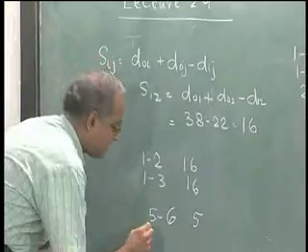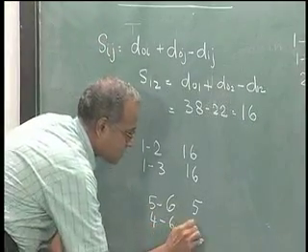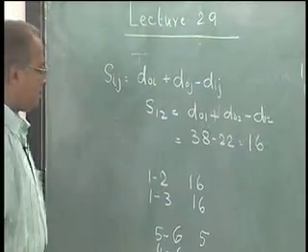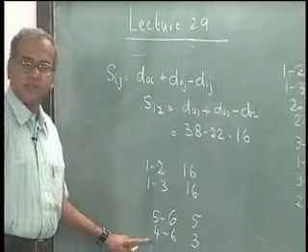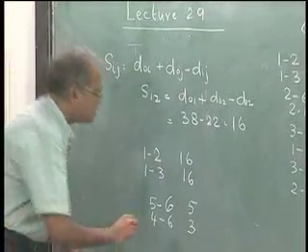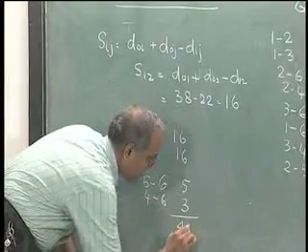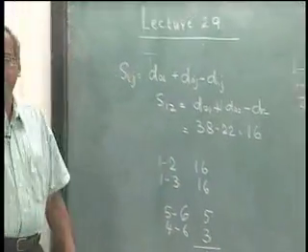So, 4 and 6 gives us a saving of 3. Now, we have included all the 6 cities into the solution. So, the total savings that we have here is 40.